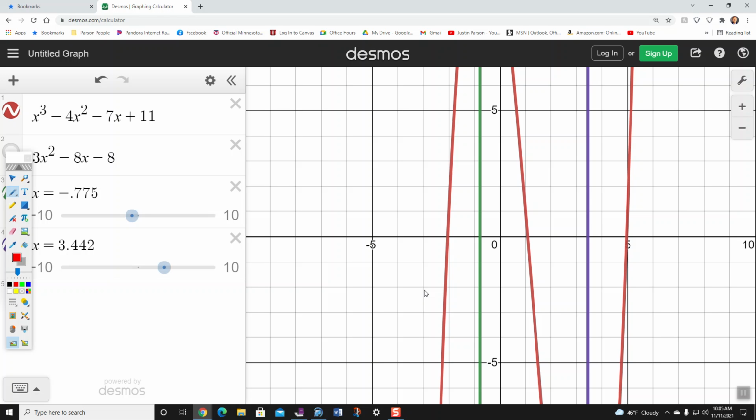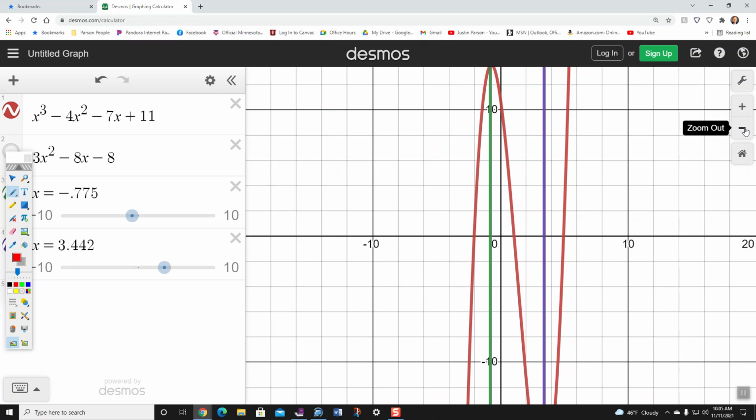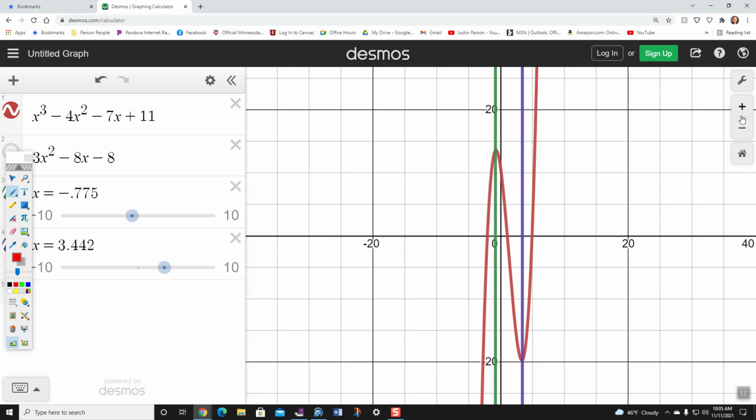Okay, so everything over here on this graph, even if I zoom down a little bit, everything to the right of that purple line is going to be slope greater than what? And everything left of the green line is going to be slope greater than what? 1, okay? That's a good place to stop.